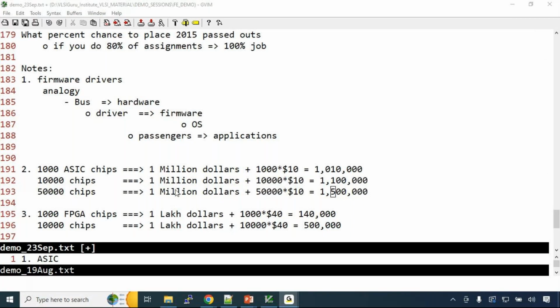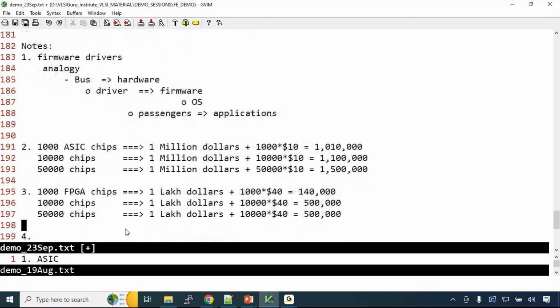Did you understand how we got this number? This initial investment will remain the same. 50,000 into $10, that will become 5 lakhs plus 10 lakhs, 15 lakhs. Here, now let's take what happens if 50,000 FPGA chips you want to make. 1 lakh is fixed. Initial 1 lakh investment is fixed.